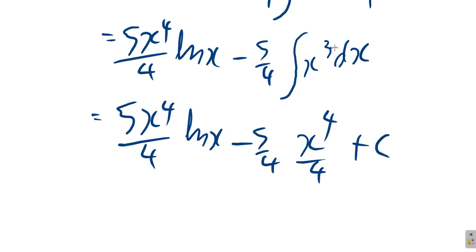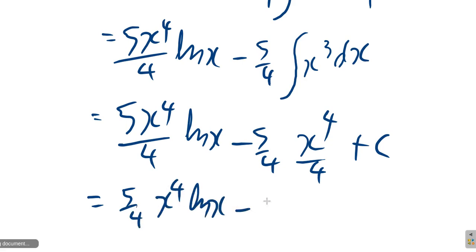Add 1 to the old power, 3 plus 1, to get the new power, divided by that new power. So you have x to the 4th over 4. Simplifying this now, it's 5 over 4 x to the 4th ln x minus 5 over 16 x to the 4th plus c.